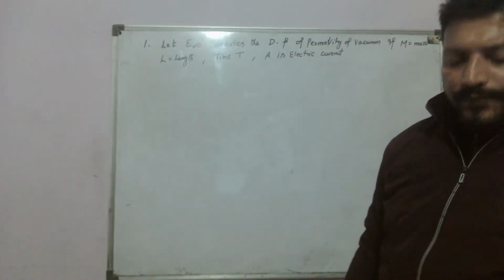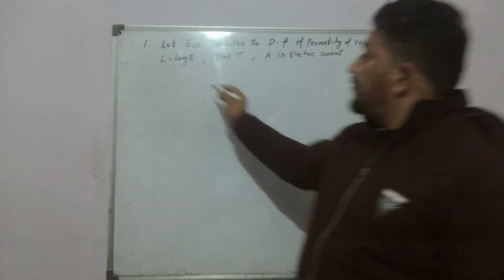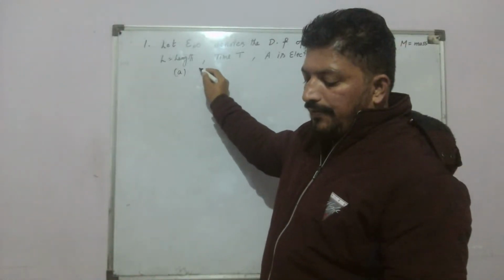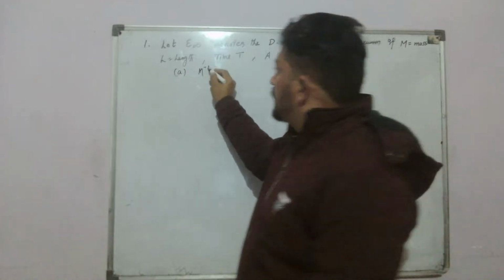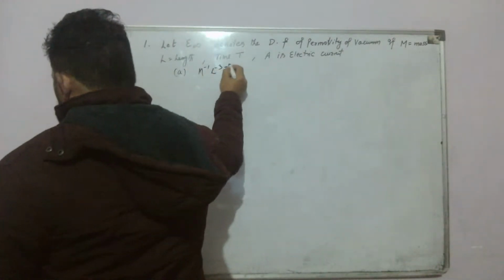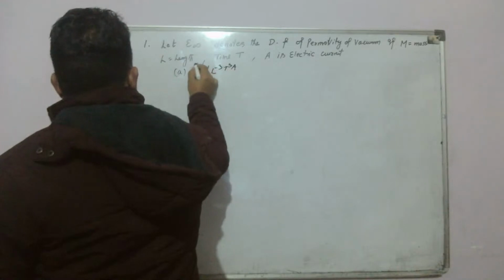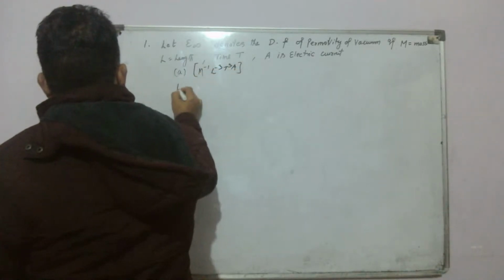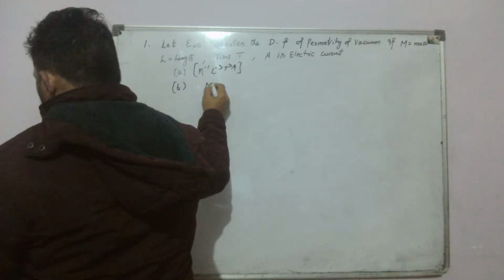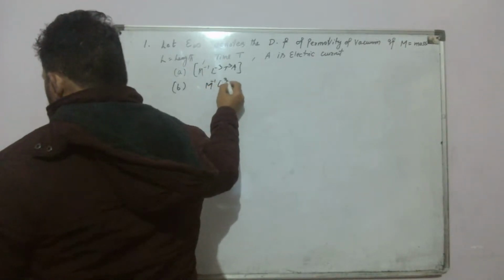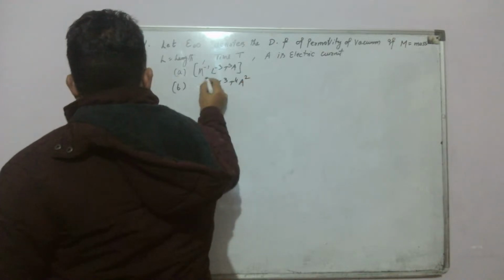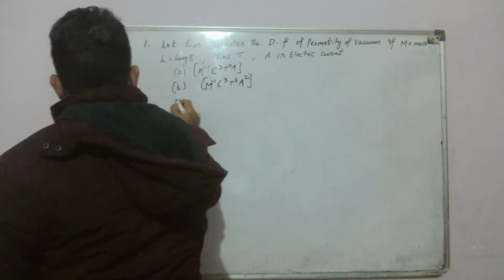It means there are some options given. First option is M minus 1 L minus 3 T3 A. Second option B is M minus 1 L minus 3 T4 A square, mean ampere square.